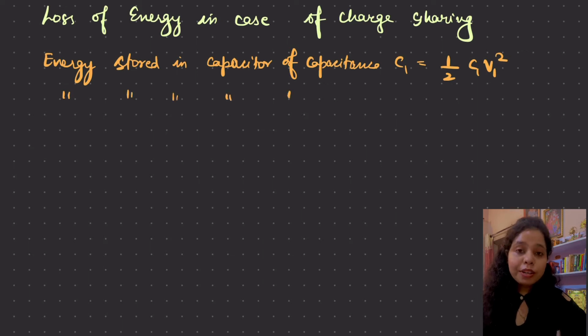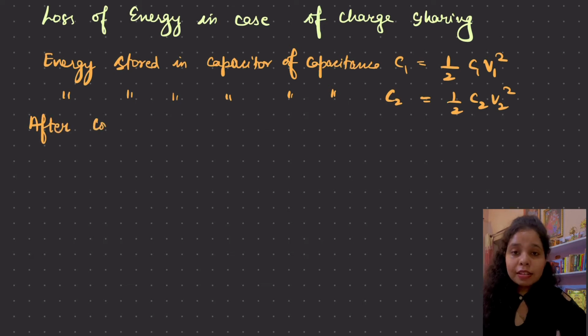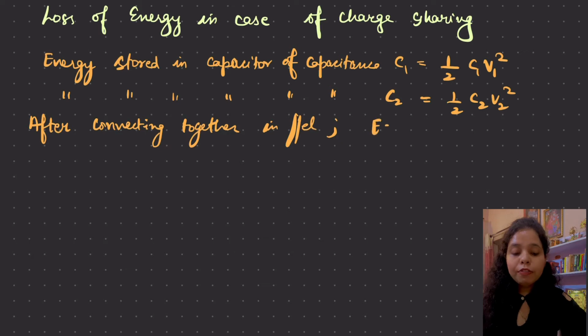Similarly, the energy stored in a capacitor of capacitance C2 is given by half C2 V2 square. And when we have connected these capacitors together in parallel, the total final energy stored is equal to half CpV square.